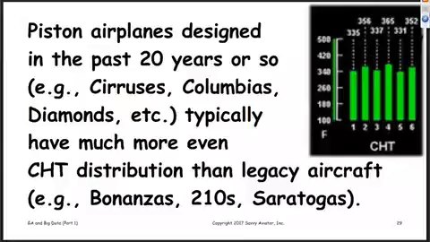But at any rate, my observation was that the newer vintage airplanes had much, much better cylinder head temperature control and much more even cylinder head temperature distribution than airplanes that were designed in earlier times, like the one I fly.